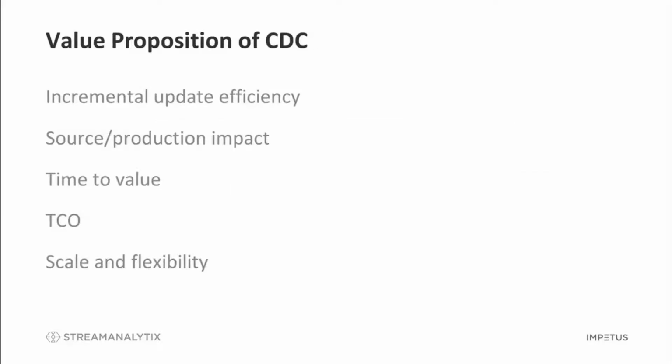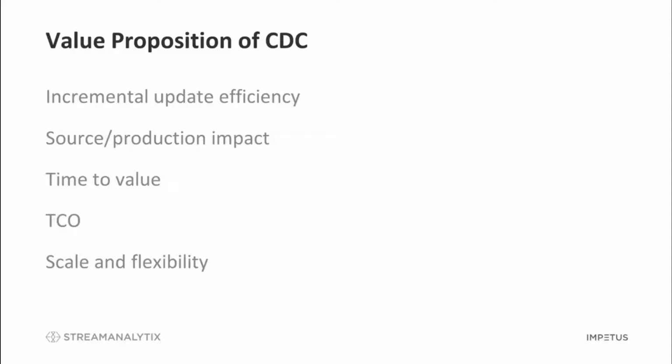Now CDC, if you do it through a tool, brings a lot of advantages when we compare it with a script-based or hand-coded implementation. With efficient incremental updates, you should be able to get rid of all the batch workloads. When you do a batch load, you are in some way disrupting your production application. Ideally, this is done during the off hours, and potentially this goes on for hours.